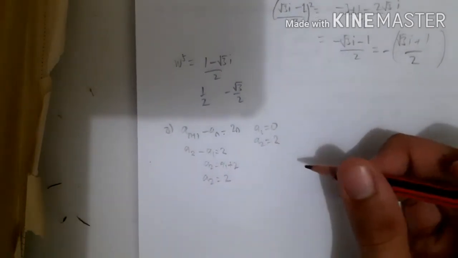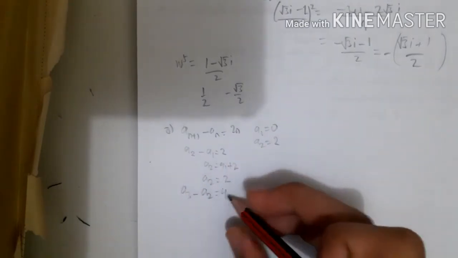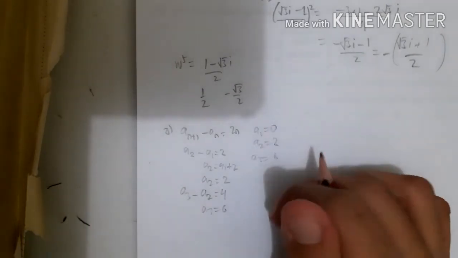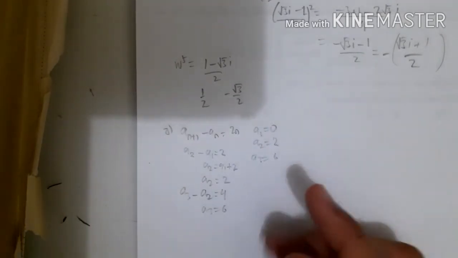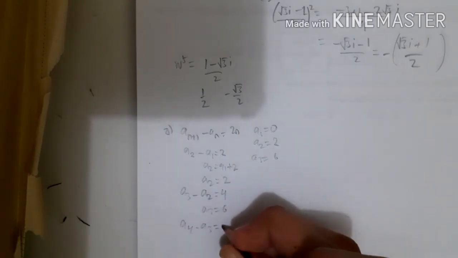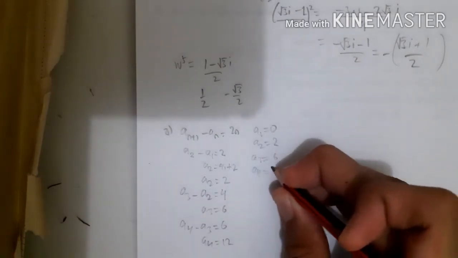And now for a sub 3, a3 minus a2 equals 4, so a3 equals 6. So now we are trying to find the pattern first, and then we determine the general term. So a4 minus a3 equals 6, so a4 equals 12.